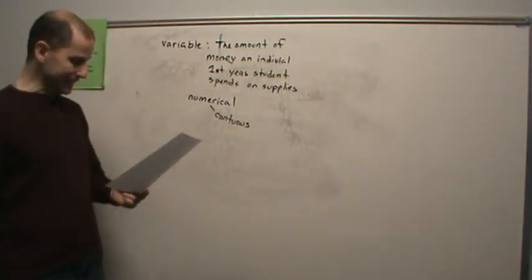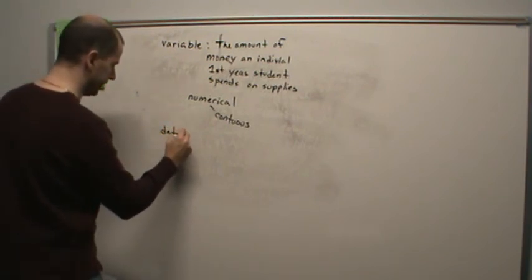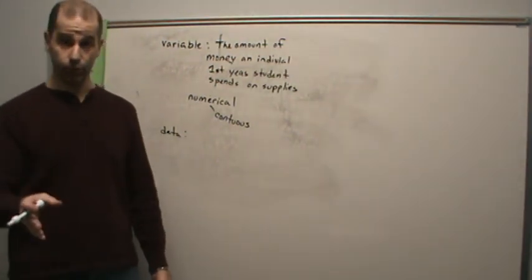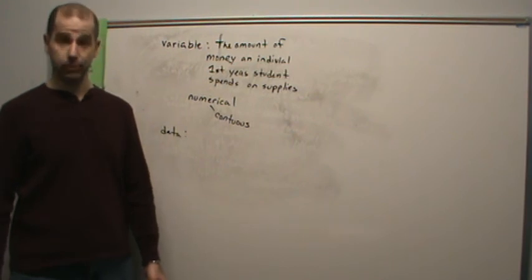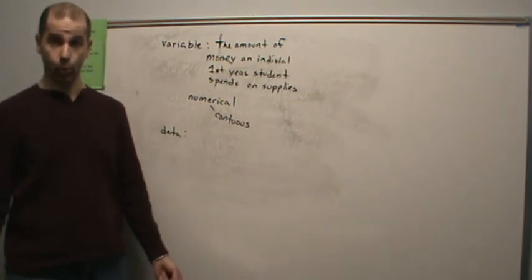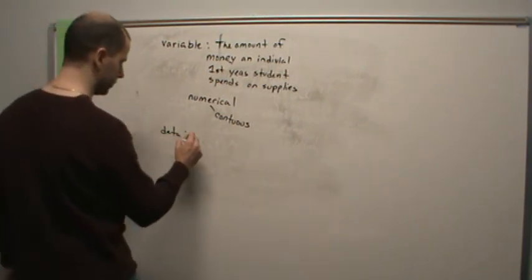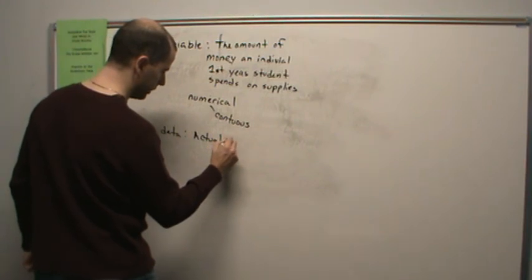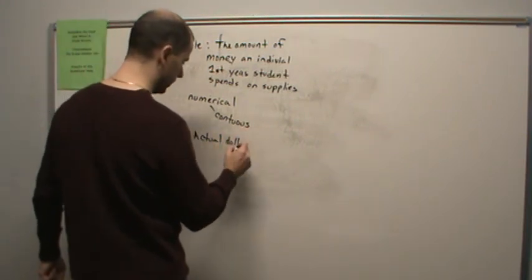Okay, now the data. What's the data? Well, the data is the individual values of the sample, the 100 students. So the data is the actual dollar amounts of the 100 individuals that we collected.